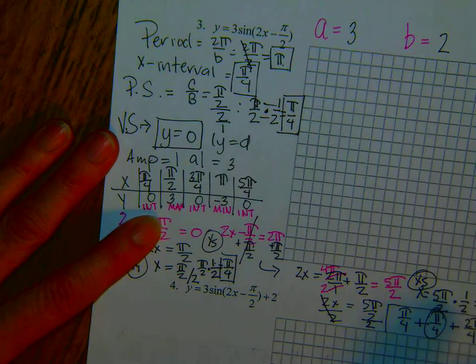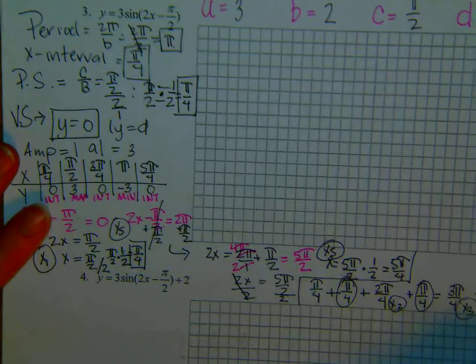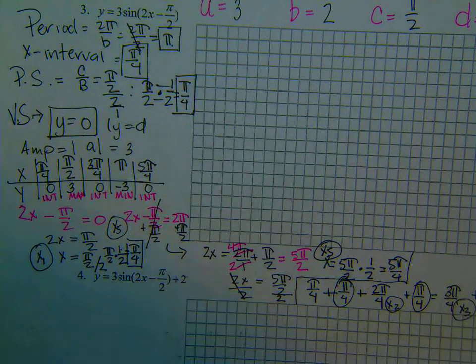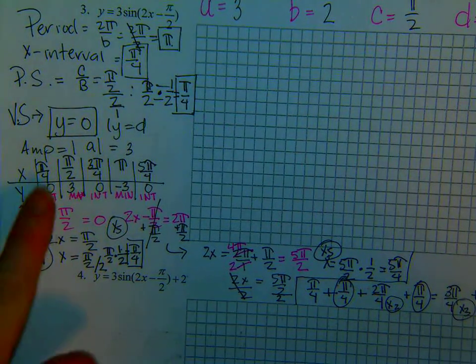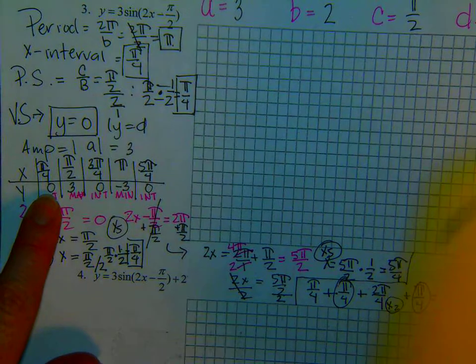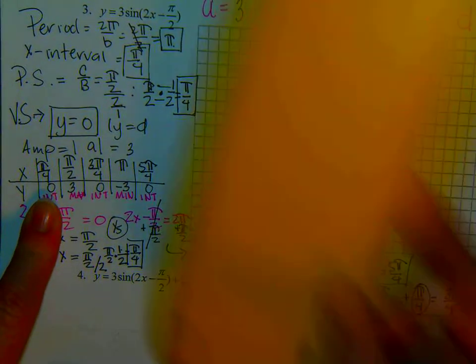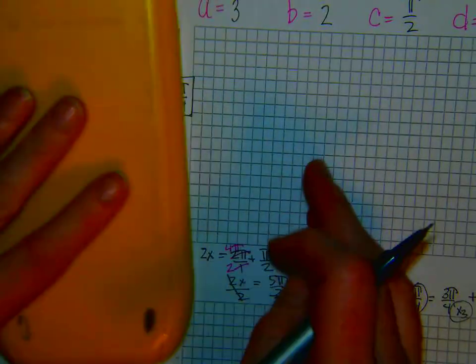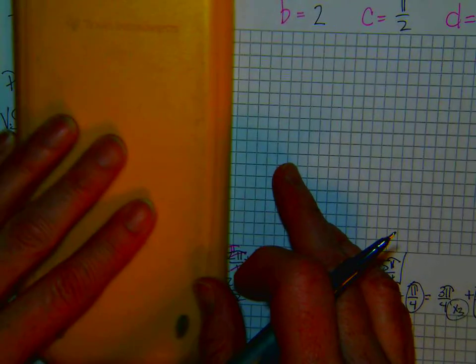So I have my table, therefore I can graph it. So I do have a shift, but I don't have a vertical shift. So I'm just going to set up my graph accordingly.